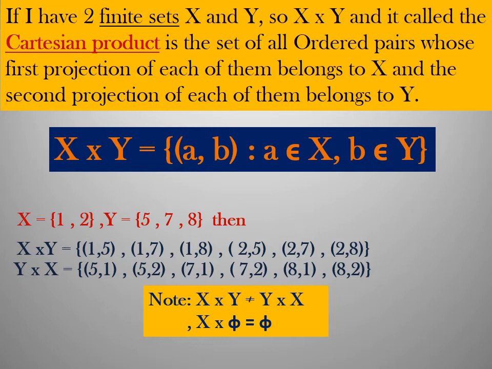I will have 1 and will distribute it on the second set, which is phi. So I will find no items to distribute on. So I have no ordered pair. So I have no items in the Cartesian product. So the Cartesian product will be an empty set, which is phi.